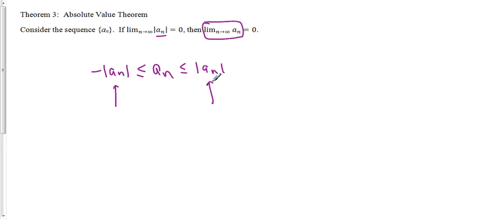And as long as those two outside sequences go to the same limit, then I can find the limit of a_n as n goes to infinity. Well, this one is part of the information that I'm given. I know that the limit as n goes to infinity of the absolute value of a_n is equal to 0.